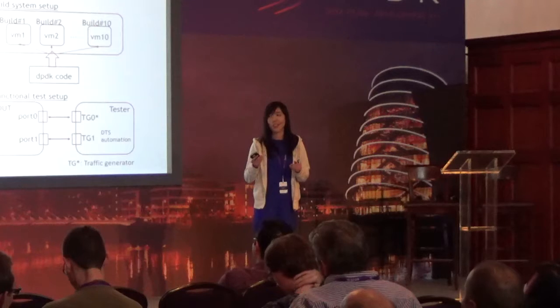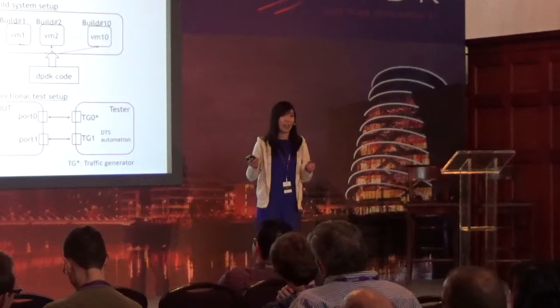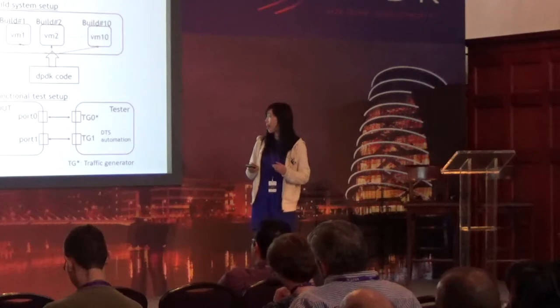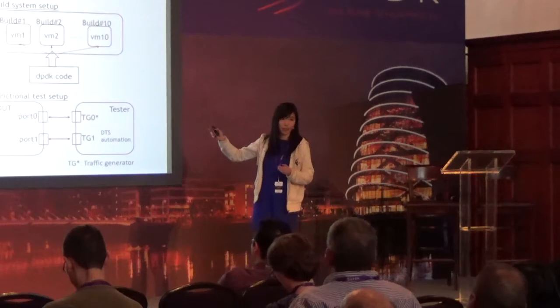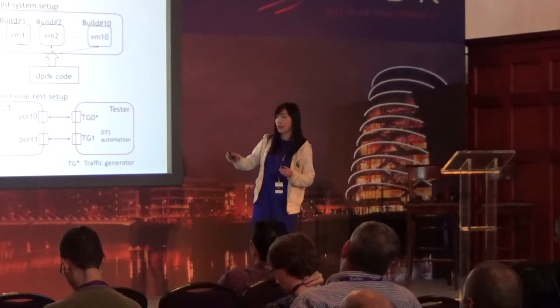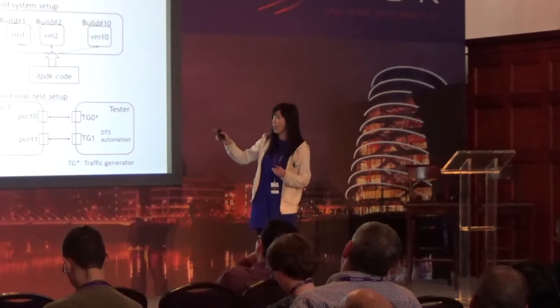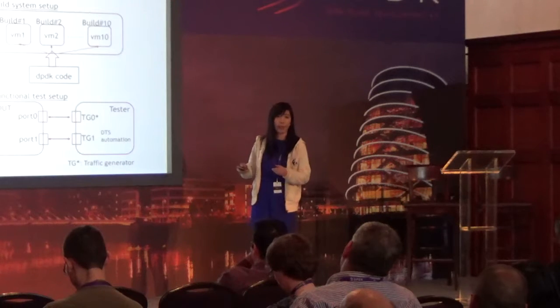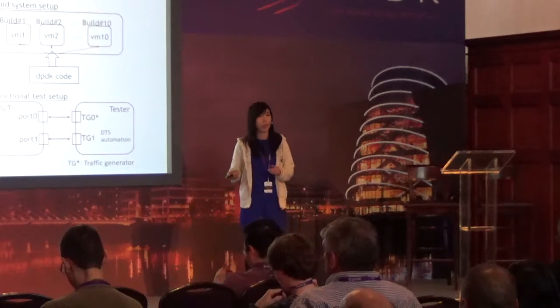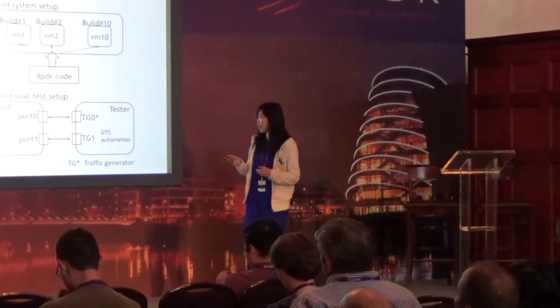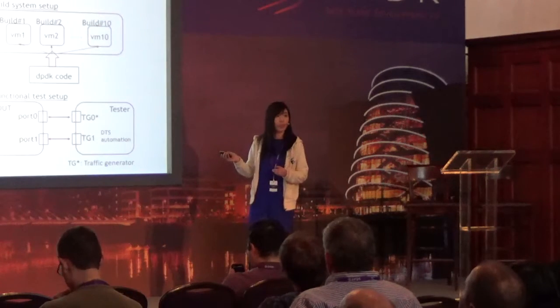So each community has its own test automation framework. Then we connect the traffic generator to the DUT port and let the port do some testing such as testpmd, layer 2, layer 3, or the very basic functional testing. So, any questions?